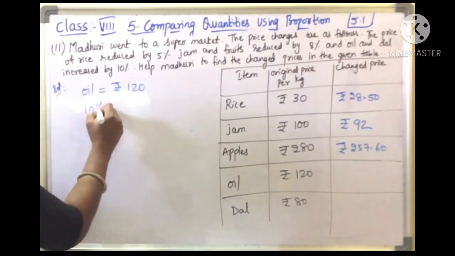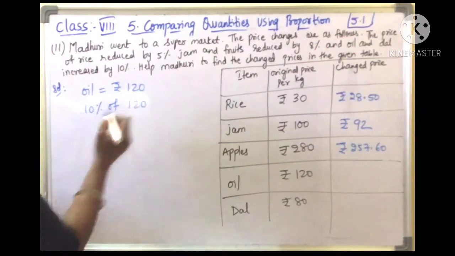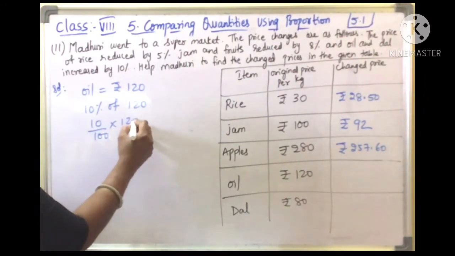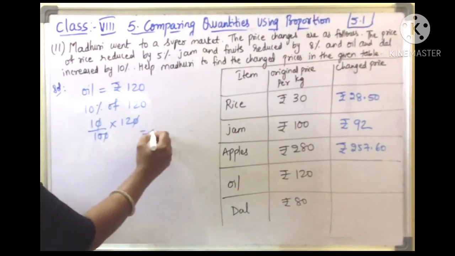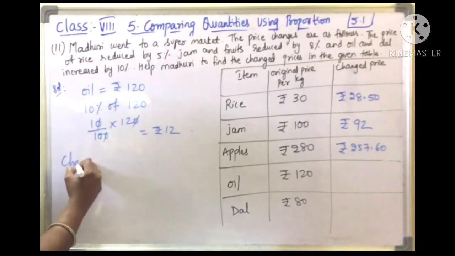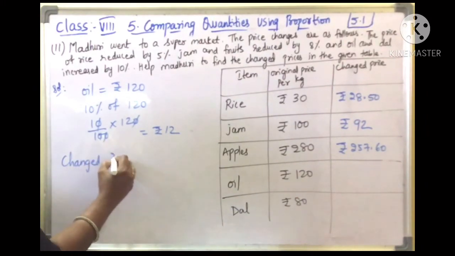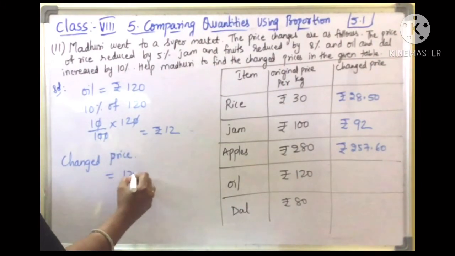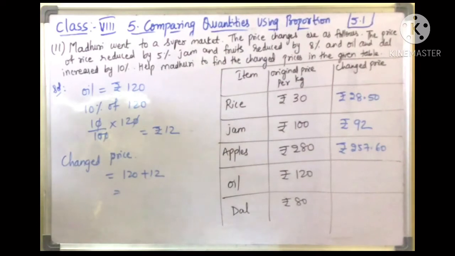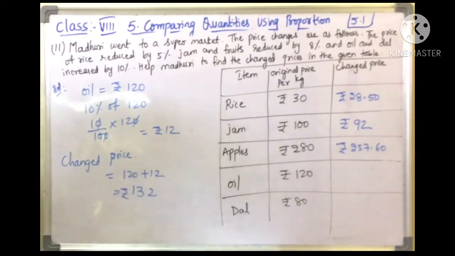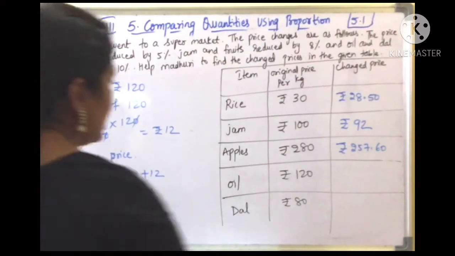So first we will find 10% of 120. 10 by 100 into 120. 0 gets cancelled, so 12 rupees. 10% of 120 is 12 rupees. Now what is the changed price? Here the price is not decreased, children. It is increased. So here we should find 120 plus 12, which is nothing but 132. So what is the changed price of oil here?